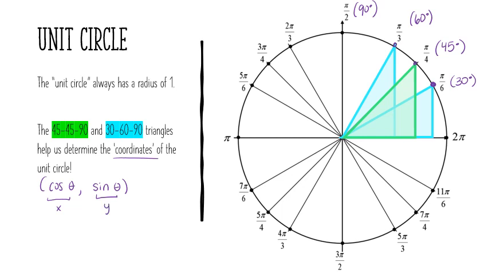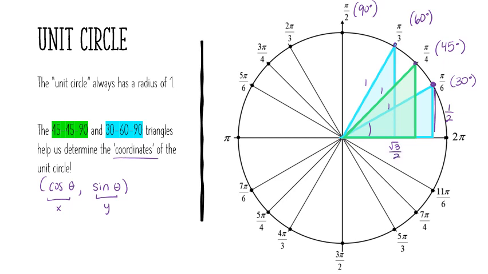And that's because all of these little triangles, again, the radius is 1, so all of these triangles have a hypotenuse of 1. If I'm talking about this 30-degree angle, well, I know across the triangle from that 30-degree angle, the measurement of this side is 1/2, and the length of this side, I guess I could say, is √3/2.